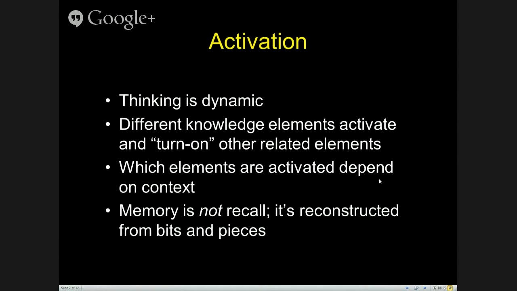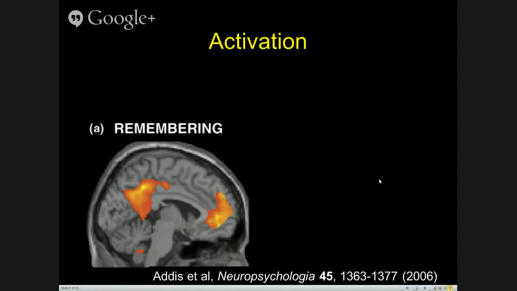This is the way our mind is wired up. In a sense, memory is not recall, it's just relinking those little cognates, those little bits and pieces of knowledge together in order to remember exactly what we want to remember, what the task that we're trying to do is asking us to do.